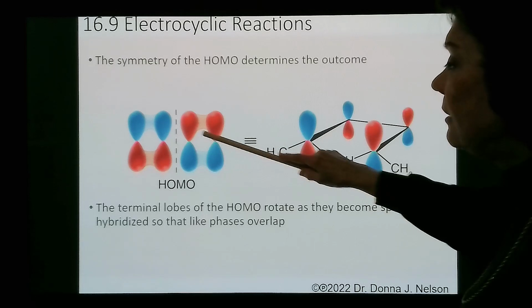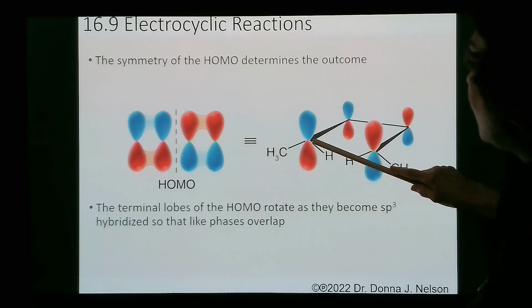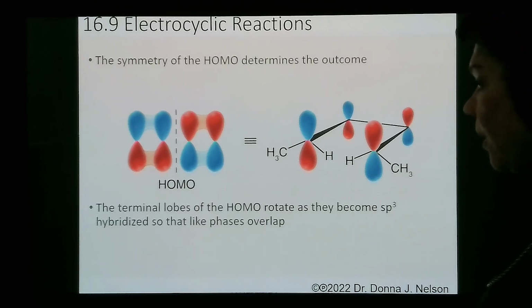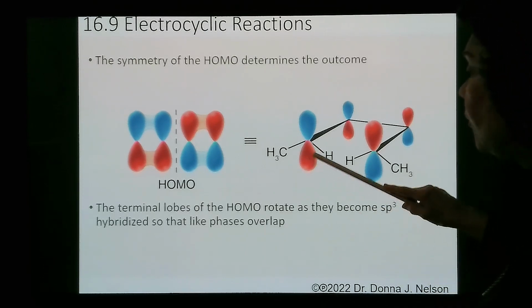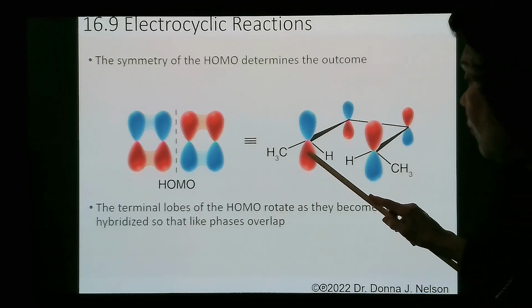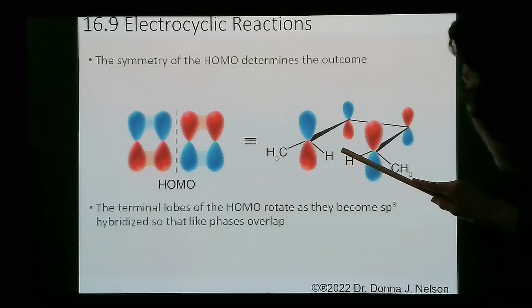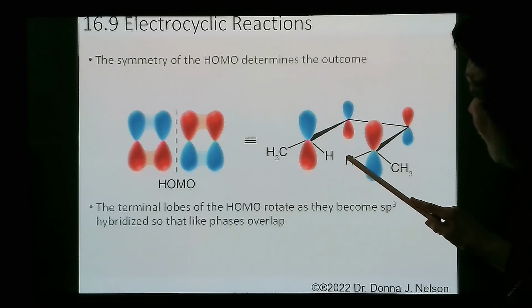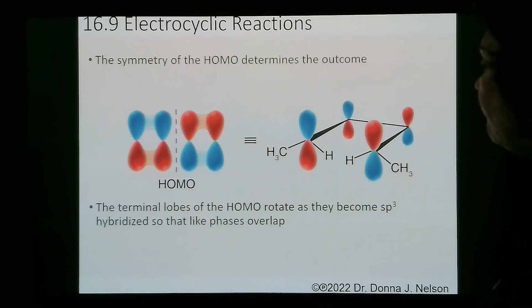Here, this is just redrawn so that you can see it set up ready for the reaction to take place. You can see the red lobe on the bottom at one end and the red lobe on the top at the other end, and you're going to have to move this red lobe up so that the new bond can form, and this red lobe will be moved down so that the new bond will form.